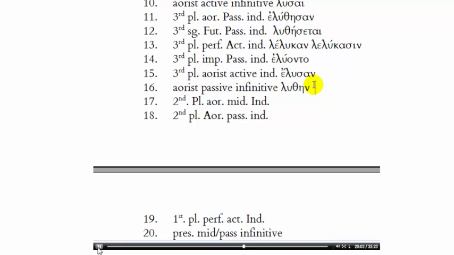The aorist passive infinitive, then, we simply have to do what? We simply got to slap on the appropriate infinitival ending, which is either the ein or the nai. In this case, it's the nai. And here the ai is short, as it was in the aorist active infinitive, and so therefore we circumflex the eta. If you don't remember that, don't worry about it.